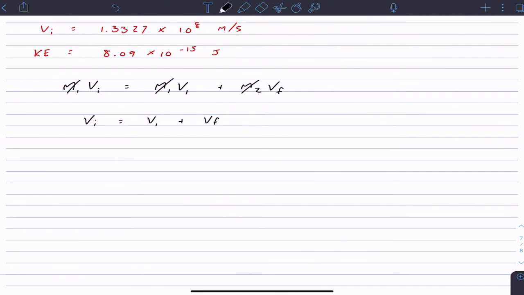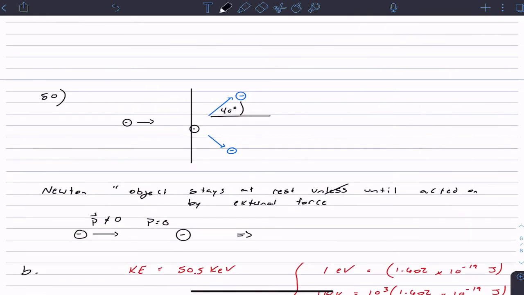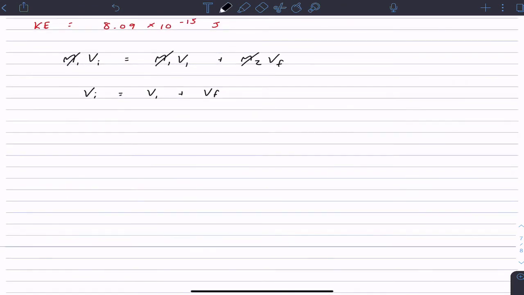But now we need to consider that this is a two-dimensional problem, because this is flying in the x-hat direction, and then this goes off with some components in x and y, and this has components in x and y. So it gets a little more complicated.